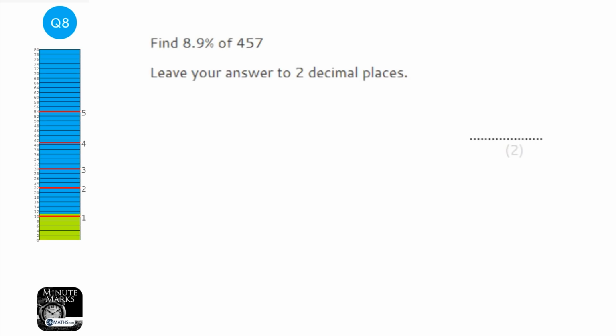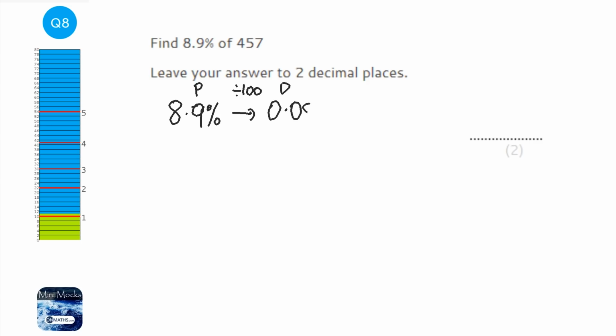Alright, so we're asked to find 8.9% of 457. So first of all, I'm just going to convert 8.9% into a decimal. So this is it as a percentage, and as a decimal, I'm just going to divide it by 100, and you always do that to percentages to find decimals. So 8.9 divided by 100, and that gives me 0.089.